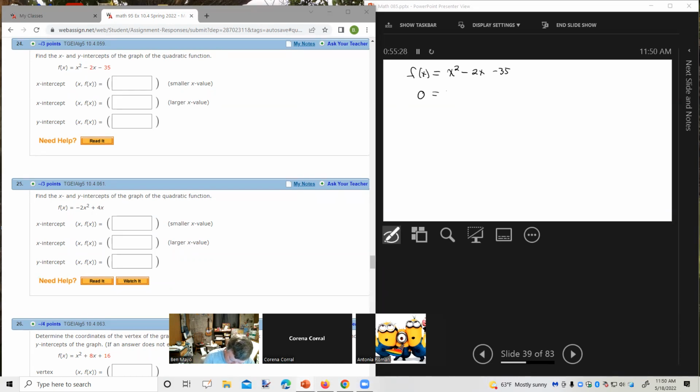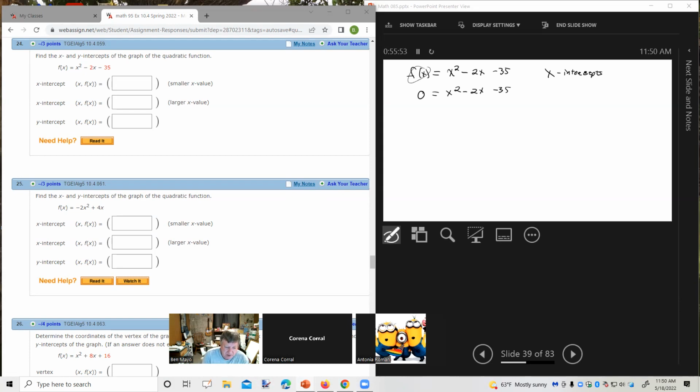So I'm going to take this equation right here and solve it to get the X-intercepts. Okay, you see what I just did? I haven't actually done anything yet, but I set y equal to 0.